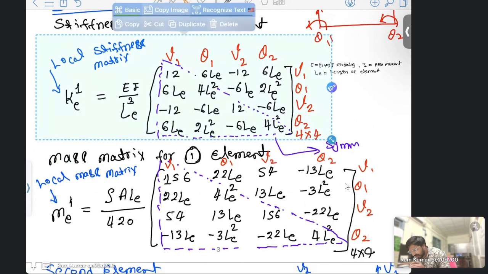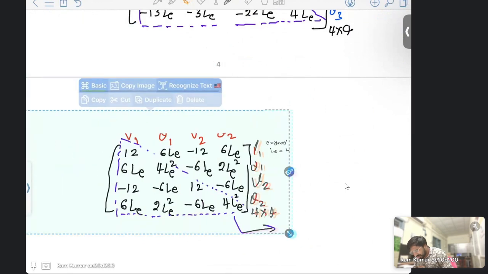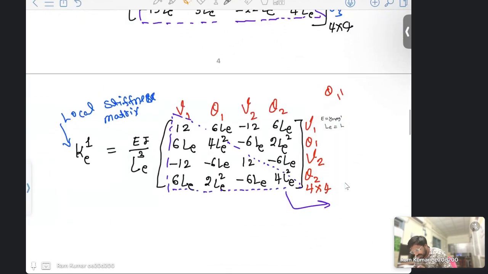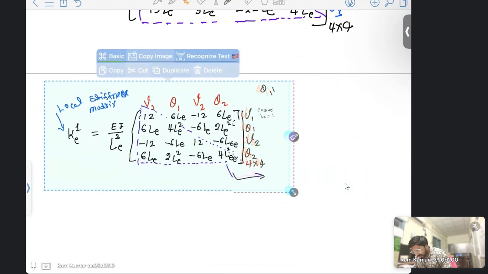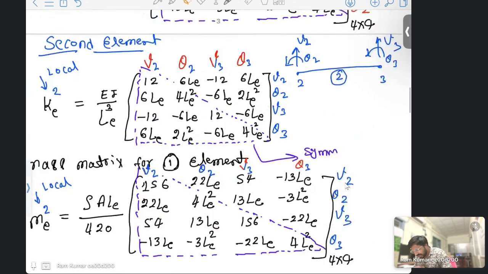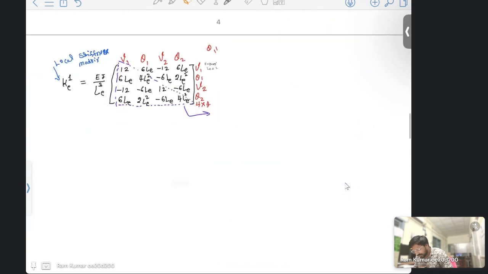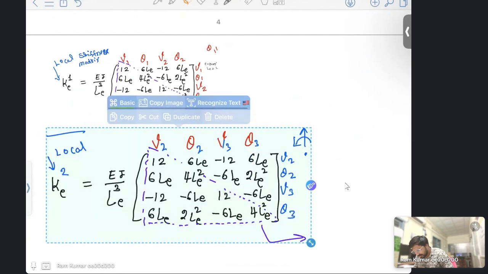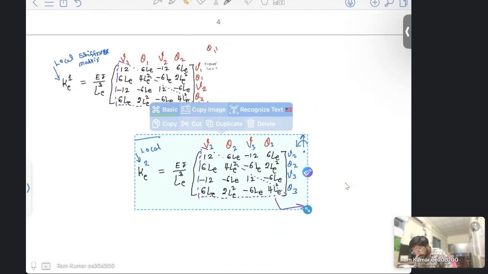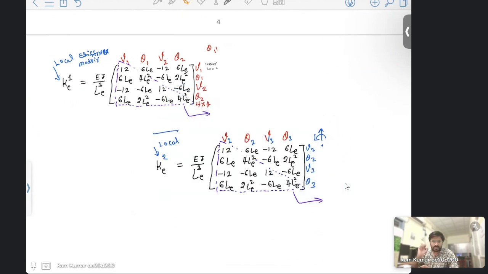This is our stiffness K1, and this is our K2.